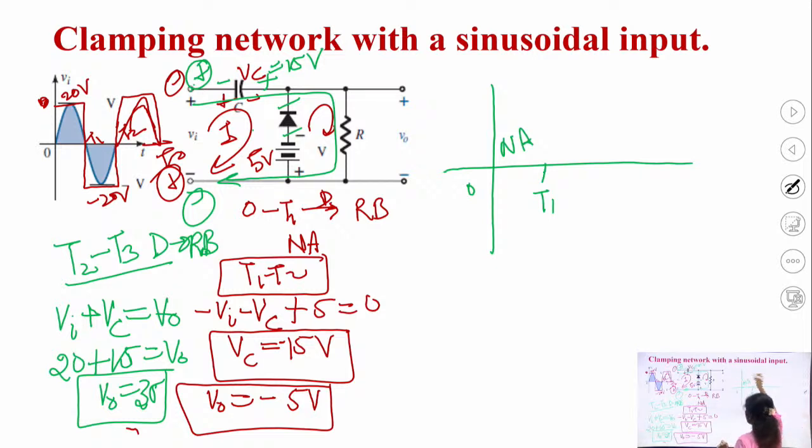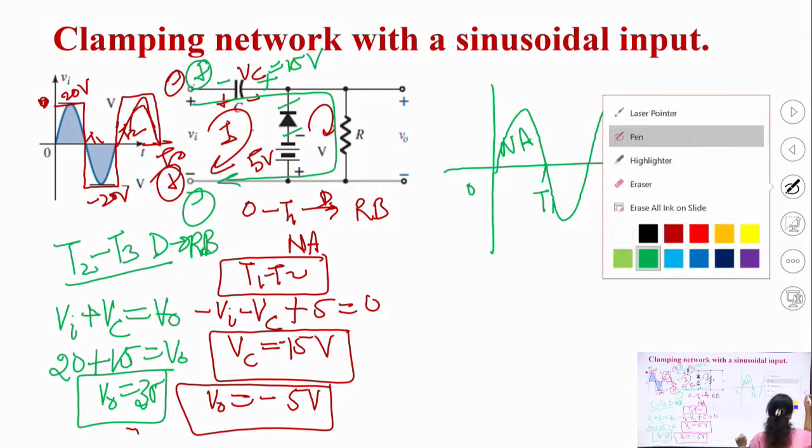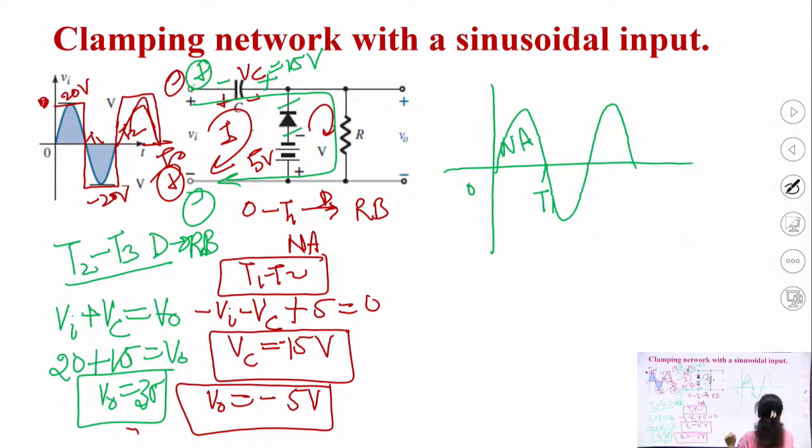First of all, you draw the original signal. So this was your original signal, and you just need to shift the DC level by an amount of this Vc. Because here the Vc is given as minus of 15 volts, what is required? You just draw this DC level, shift this DC level.